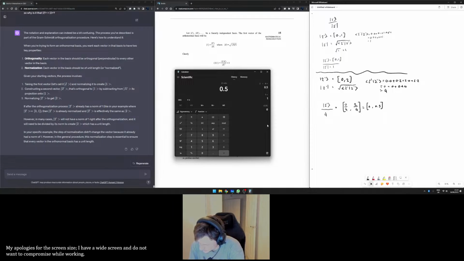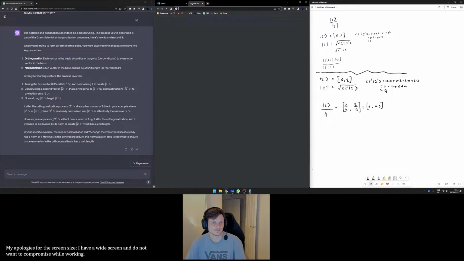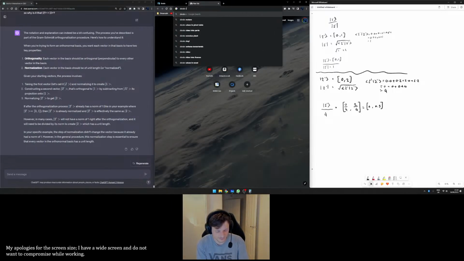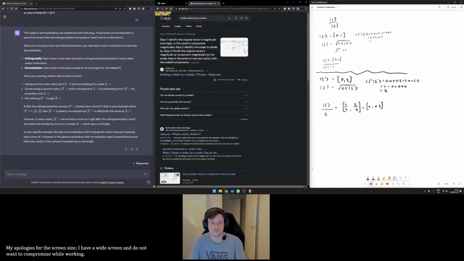So in this case, that can't be how you divide things. Divide vectors by a number. Identify the original vector's magnitude and angle, and divide the vector by the scalar.